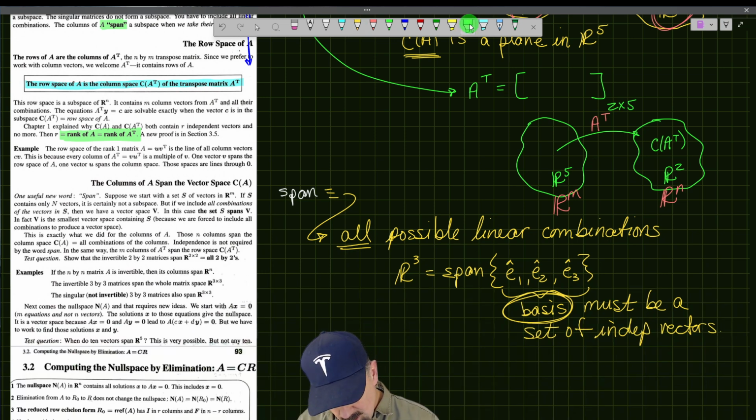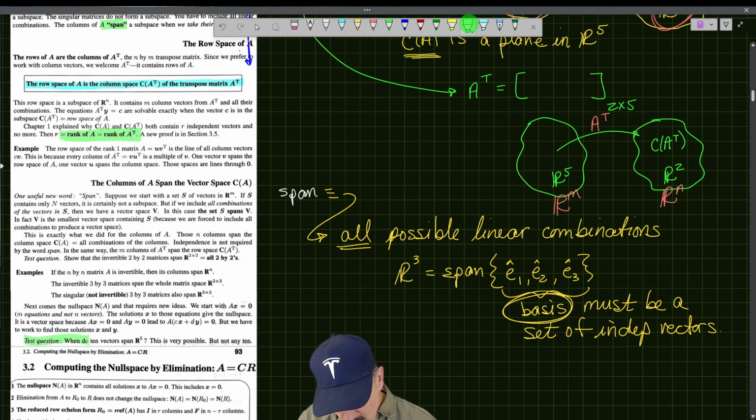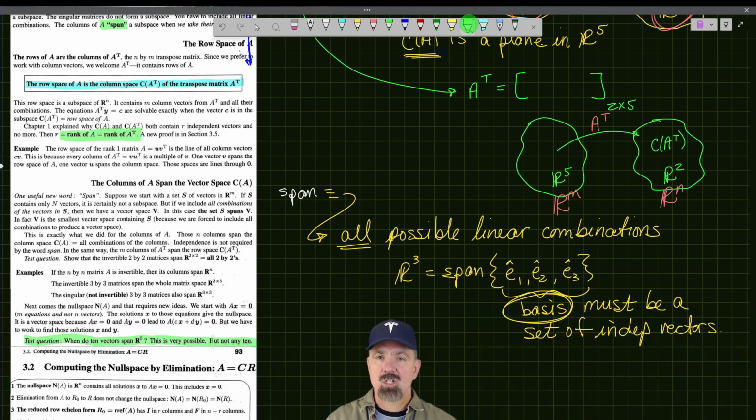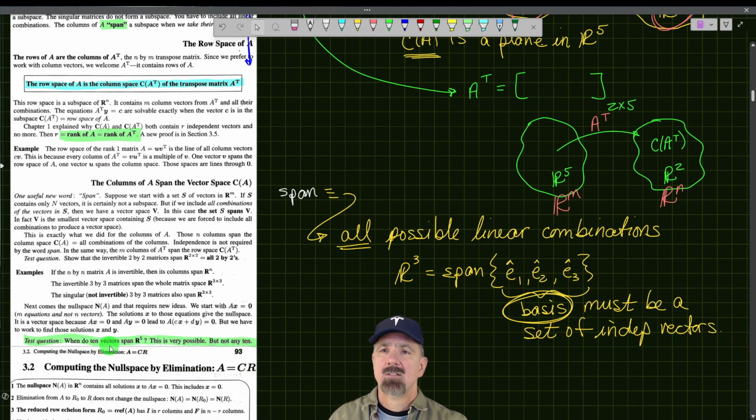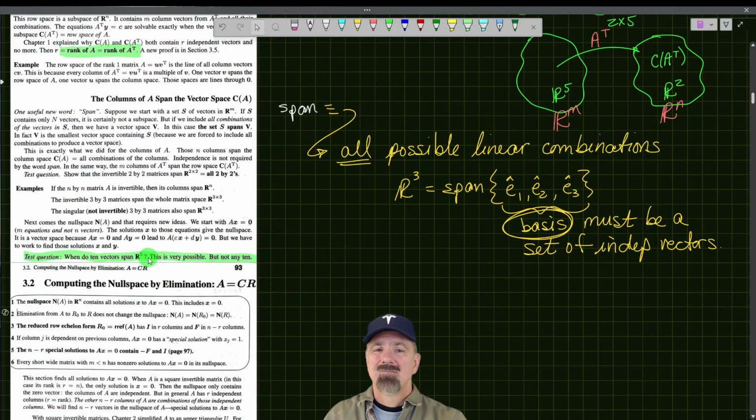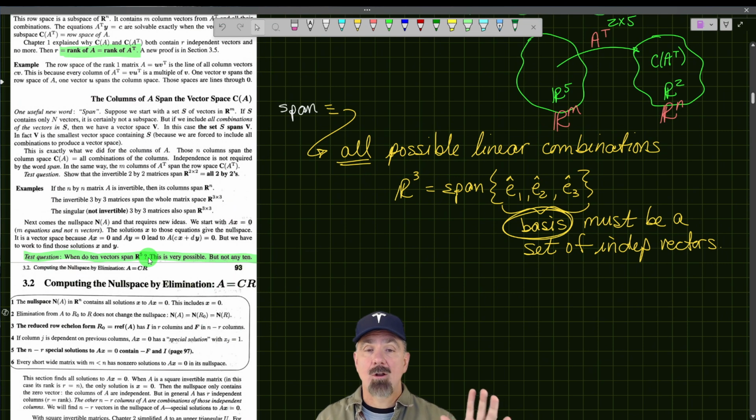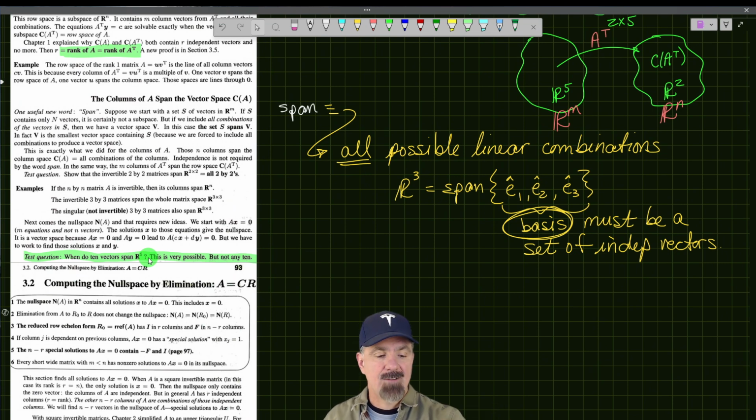This gets down here to Strang's last question, which is, when do 10 vectors span R5? And kind of the flip side of that question is, when do 10 vectors not span R5? Could I come up with 10 vectors that do not span R5? Sure, that's easy.